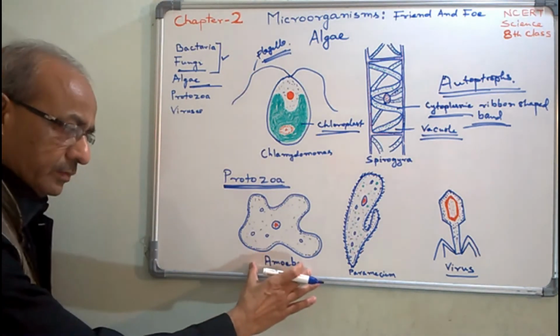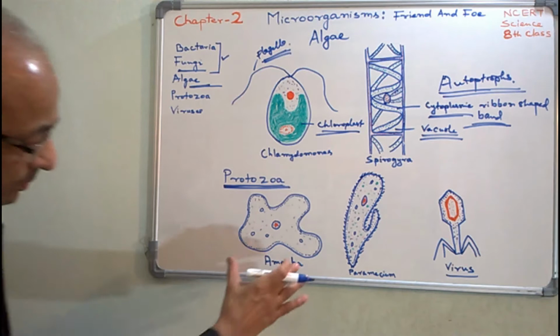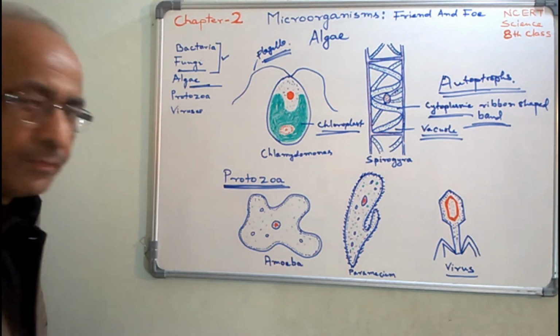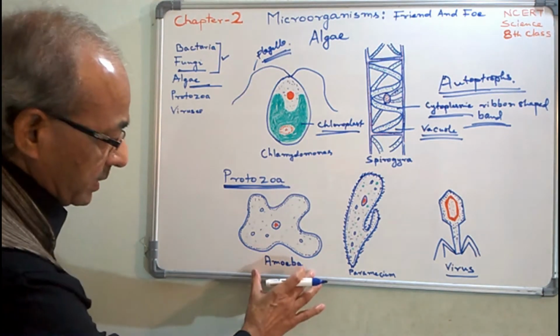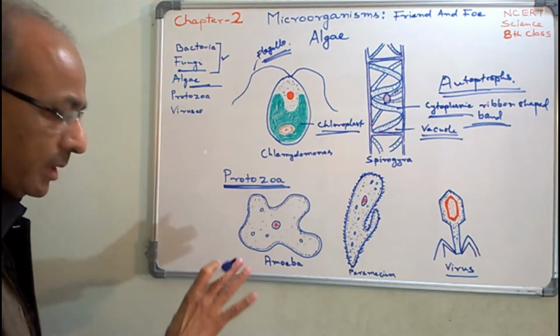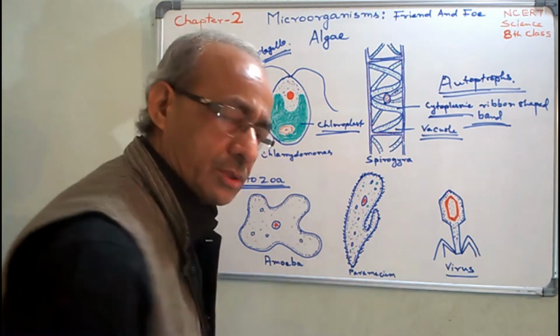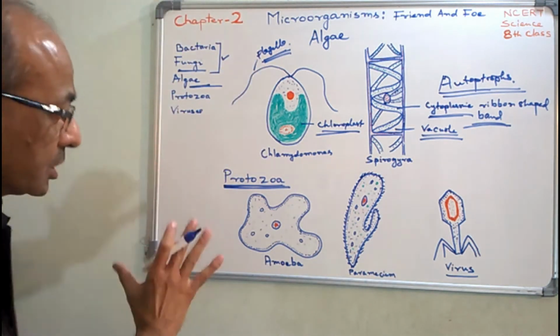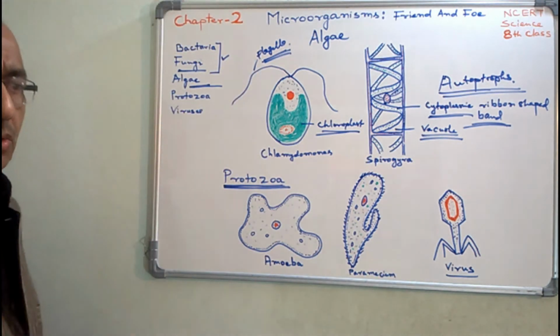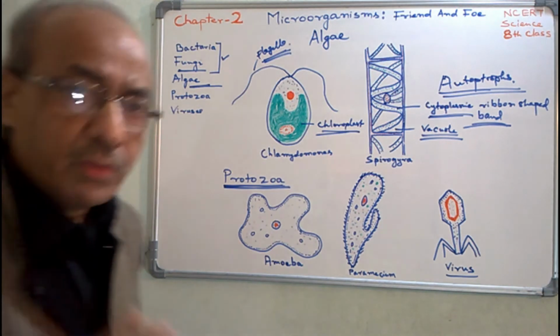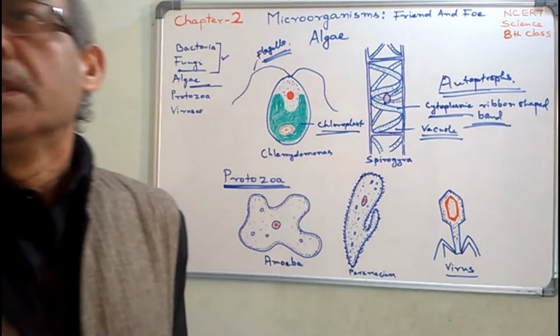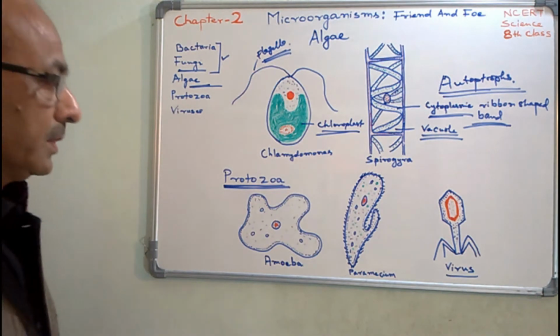Just you see the body structure, this figure is a diagram of the amoeba. Amoeba body is one-celled. That means amoebae are unicellular, as well as the Paramecium are also unicellular. Most of the protozoans are microscopic and unicellular. That means their body is made up of one cell.